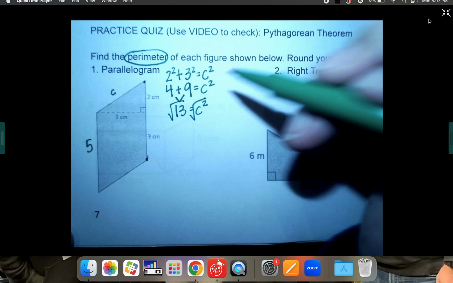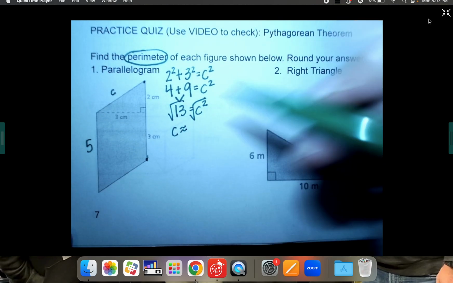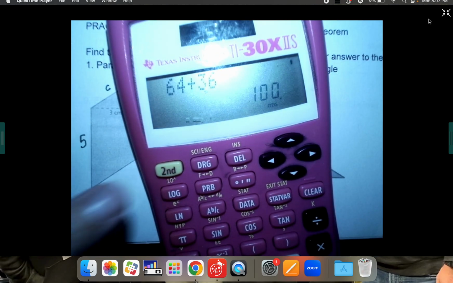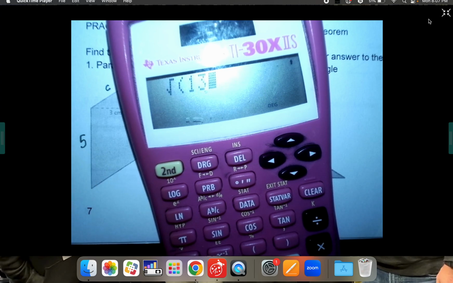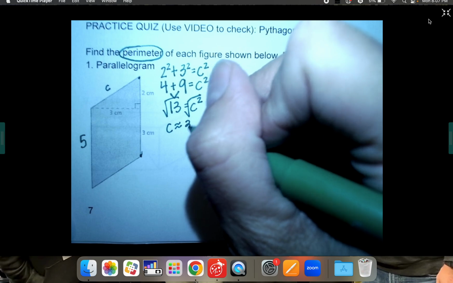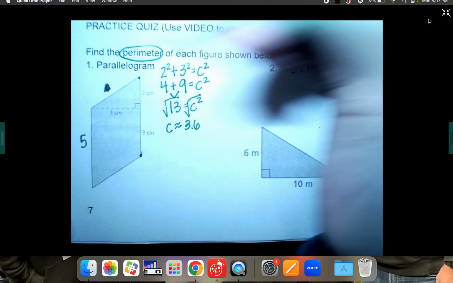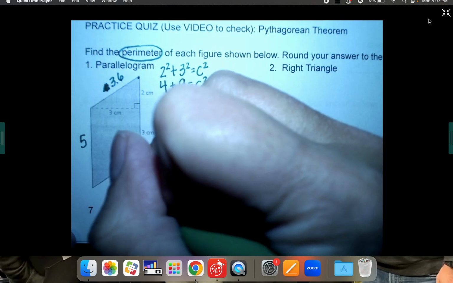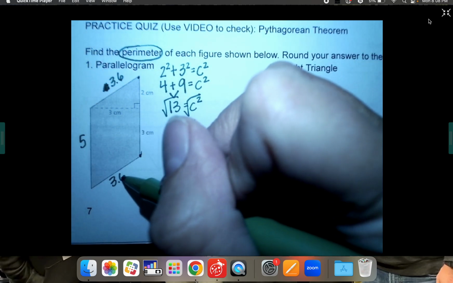I need to square root it to get what c is. The square root of 13 is about 3.6. So if it's 3.6, I'm going to get rid of that c. I'm going to call that 3.6. That means this down here is also 3.6.